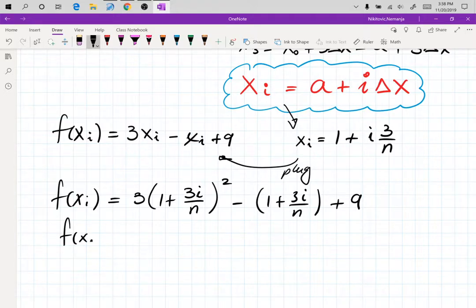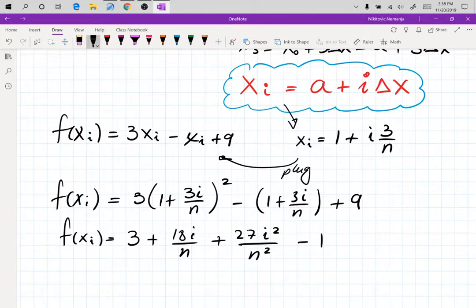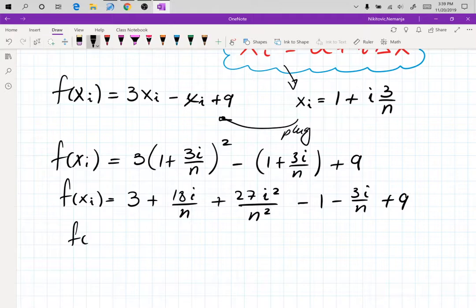So f of xi is equal to, and now I have to FOIL all of this mess and multiply by 3. 1 squared is 1 times 3 is 3, plus 6 times 3 is 18i over n. 3 squared is 9 times 3, 27i squared over n squared, minus 1 minus 3i over n plus 9. f of xi is 3 minus 1 is 2, plus 9 is 11. 18i over n minus 3i over n is 15i over n, so plus 15i over n.